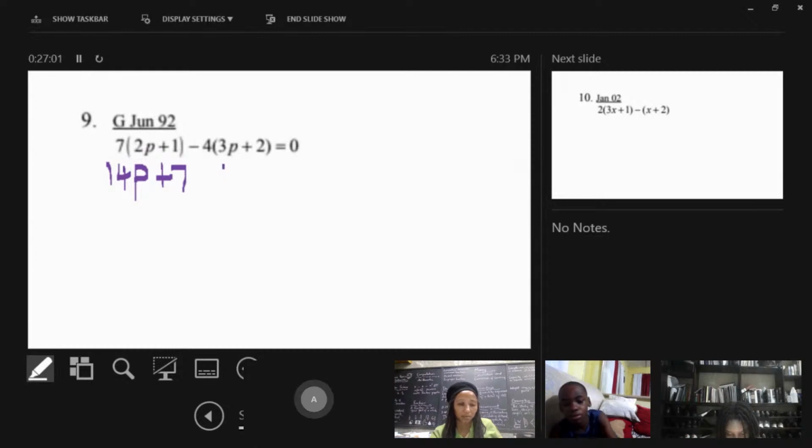Negative 4 times 3p is negative 12p, and negative 4 times 2 is negative 8. And it's equal to 0. Then we group the like terms, which are 14p and negative 12p.